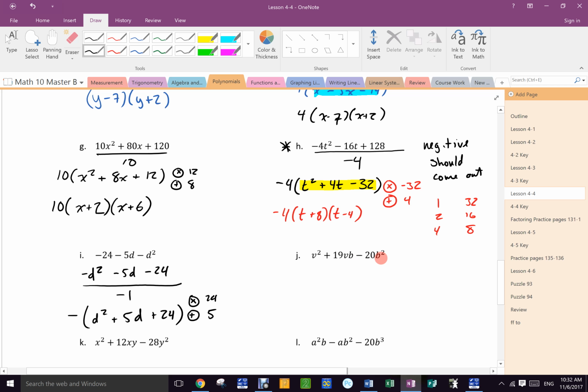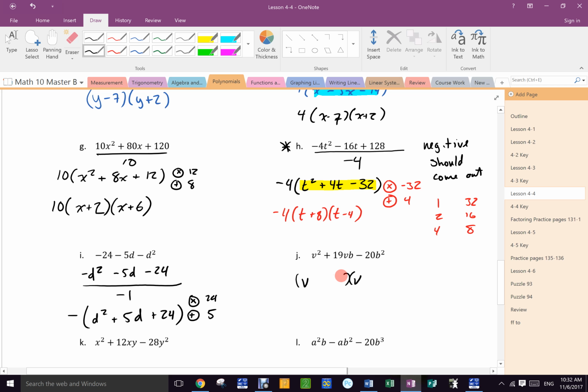What's different about J from A, B, C, D, E, F, G, H, I? There's another variable, right? When there was just one variable, the answer ended up being x and x, yes? Because x times x is x squared, correct? So in this one, it must be v and v, correct?